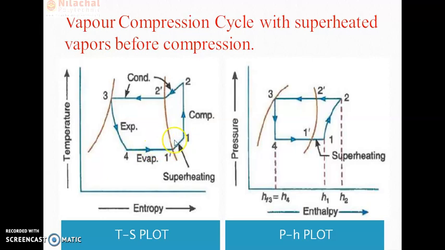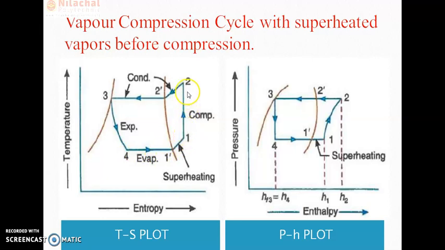The evaporation starts from 4 and continues up to 1 dash, when it is dry saturated. Then the vapor is superheated before entering the compressor, up to state point 1. Then the refrigerating effect is increased from 4 to 1.